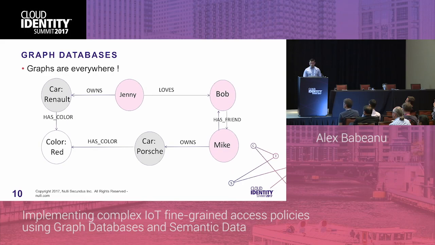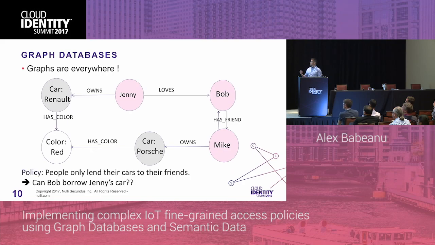Now here's an access policy: people only lend their cars to their friends, right? So, can Bob borrow Jenny's car? Looking at this graph, there's no actual friendship relationship between the two, so you can probably say no in that case, but I'll leave it up to your interpretation. We'll get back to this example.